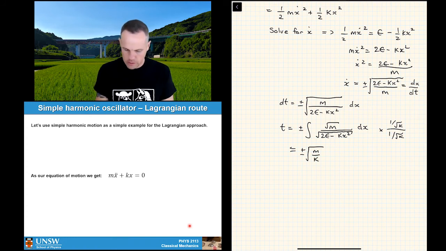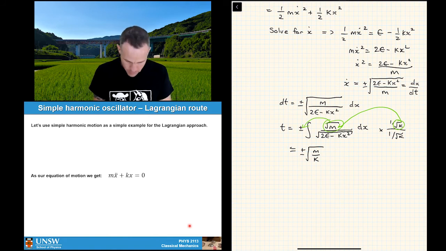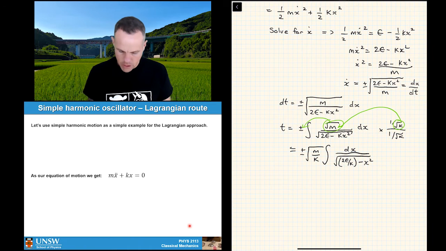So this k here goes underneath that guy, they tag together and go out the front. And then in here I have dx on the square root of 2E on k minus x squared.